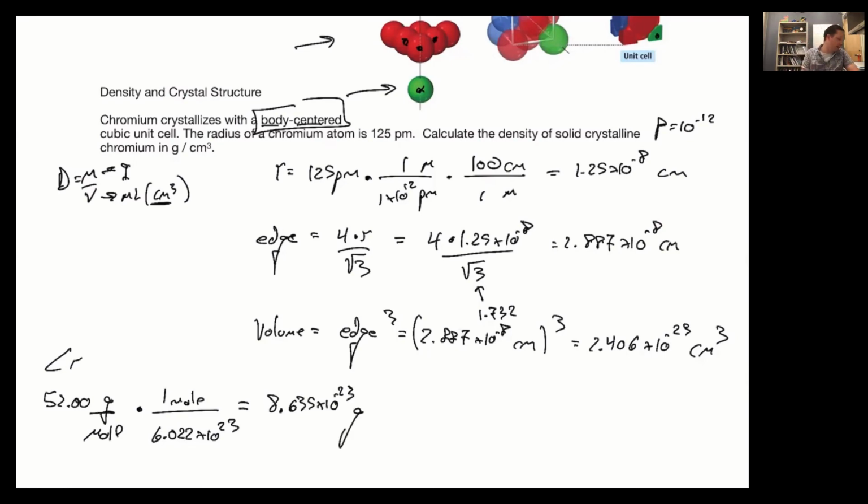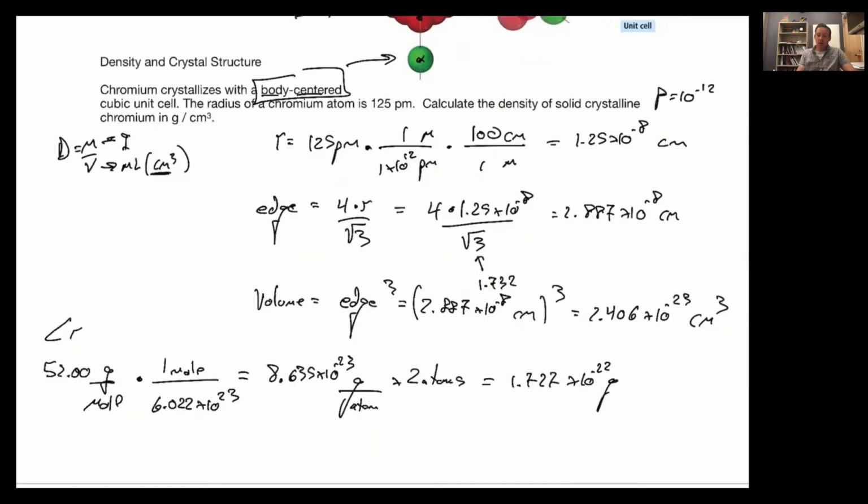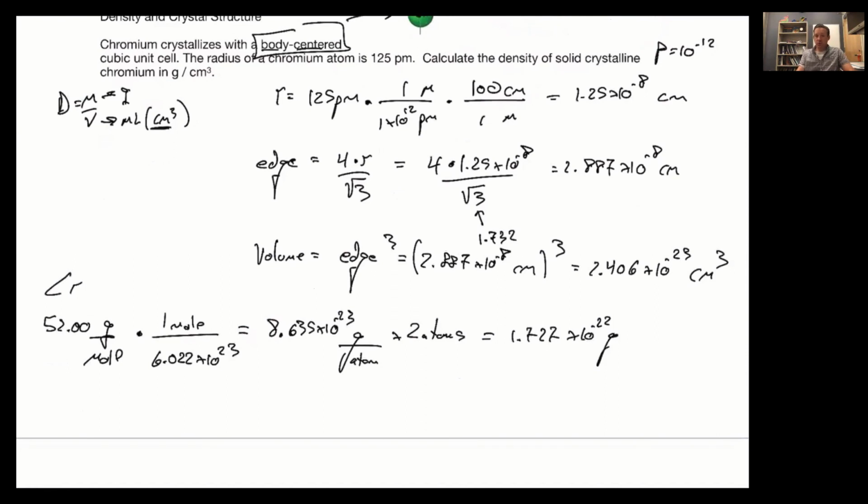But this is body-centered, and body-centered has 2 atoms. So this is grams per atom times 2 atoms, 1.727 times 10 to the minus 22 grams. And now we got the 2 units we need to find the density. Density is mass divided by volume.